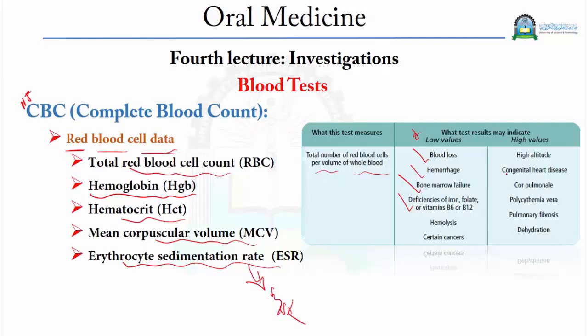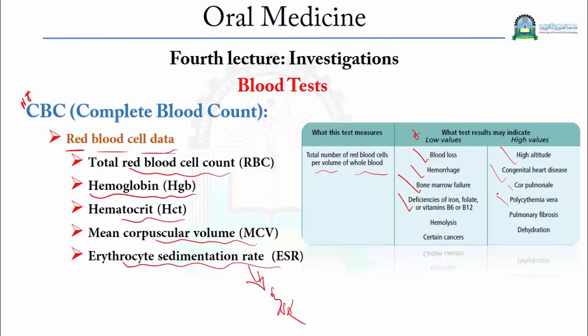High values can be presented in high altitude patients, congenital heart diseases, cor pulmonale, which is an altered function of the right ventricle due to a disorder in the lungs.